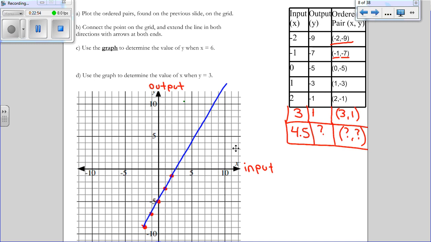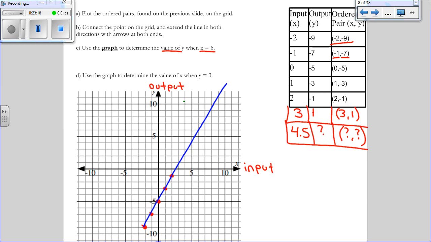Today what we're going to do is use these graphs by hand. We're going to try to use the graph to determine the value of y when x equals 6. So you have to find somewhere on this blue line where x equals 6, and they want to know what's the y value.